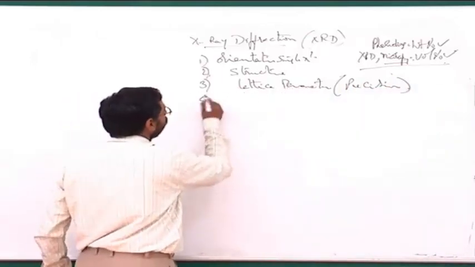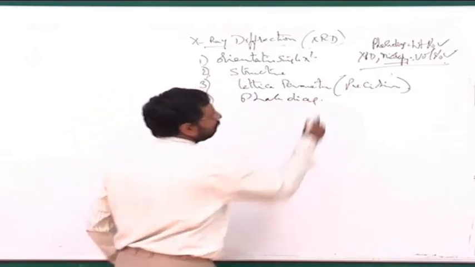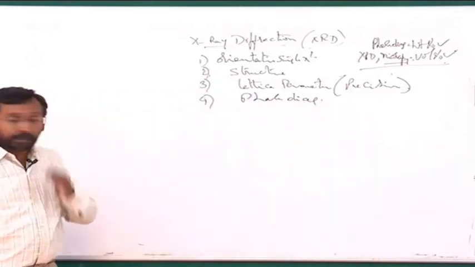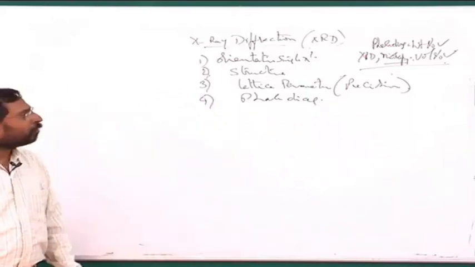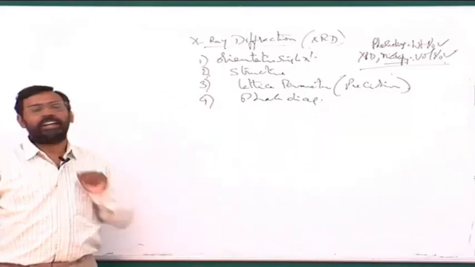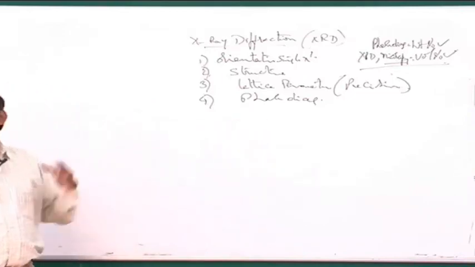Fourth, we said phase diagram. In the phase diagram, we said about finding out the second phase presence, and then from that finding out the phase diagram, or looking at the lattice parameter of the first phase and finding out.